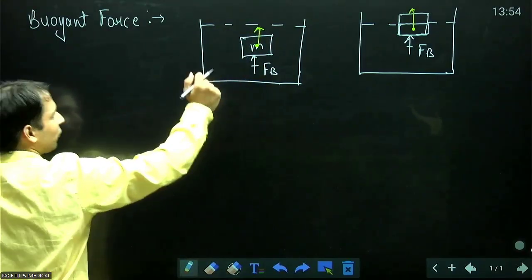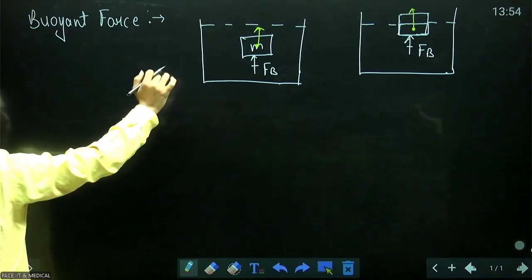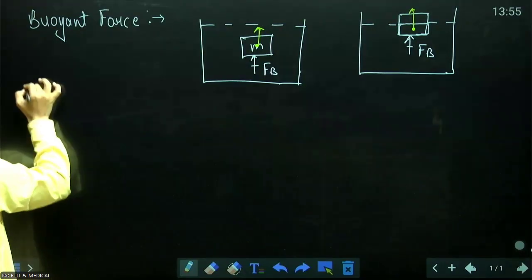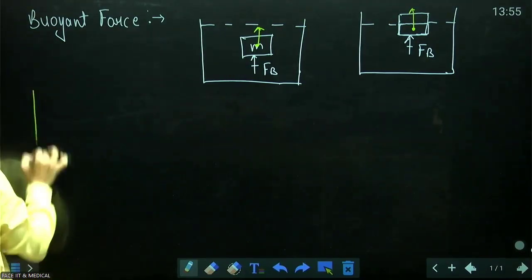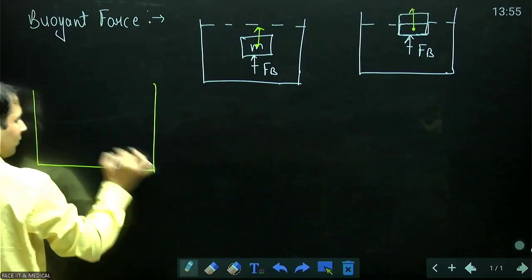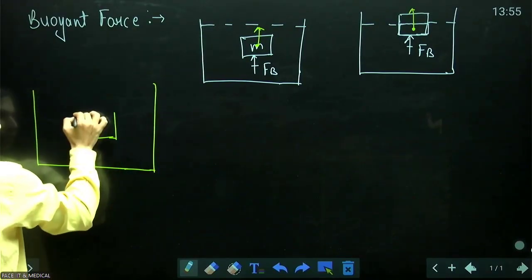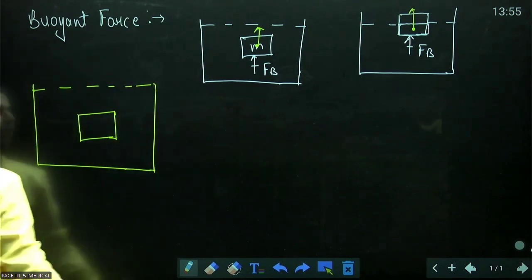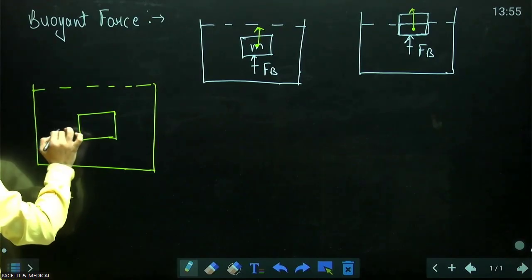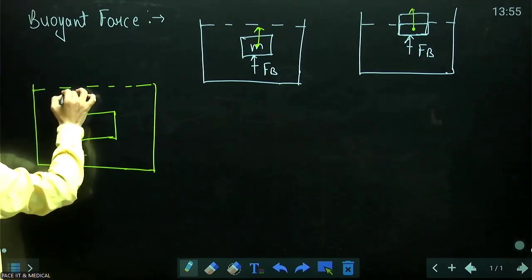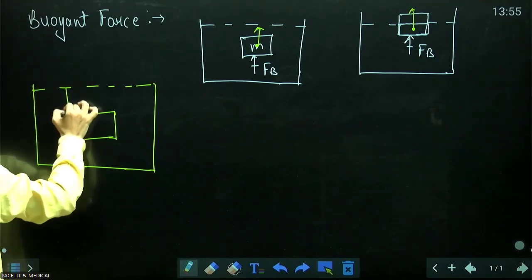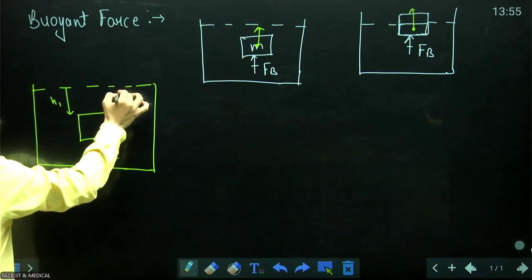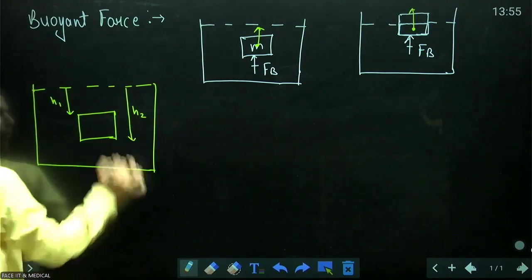Now let's see why this buoyant force acts and what its value will be. So considering this case only, let's say this height is h1 and this height is h2, right?